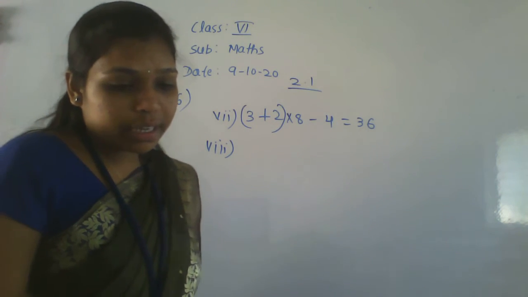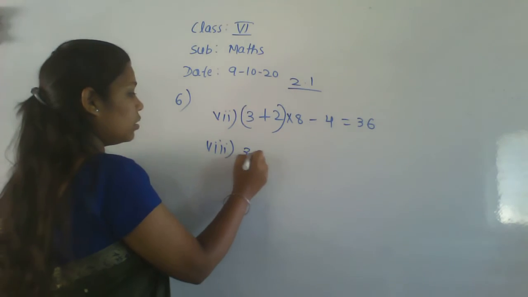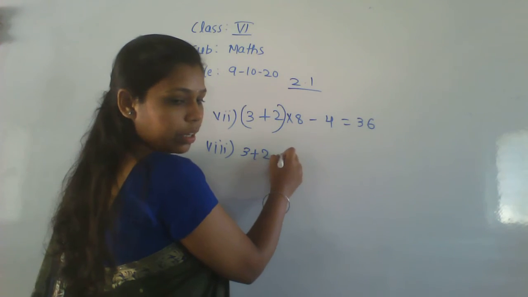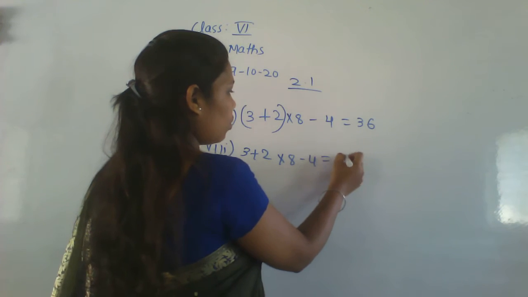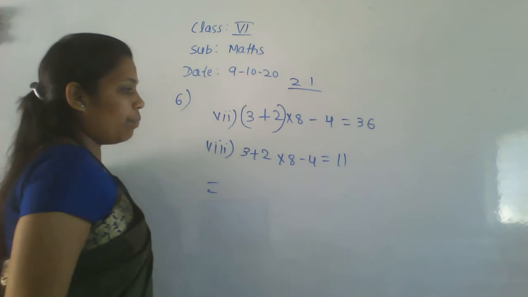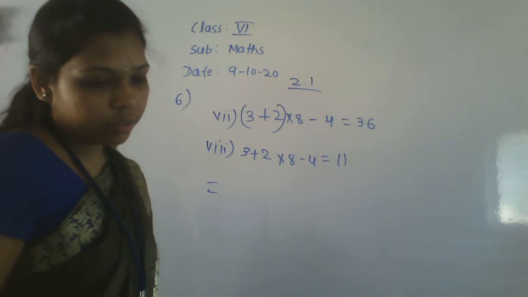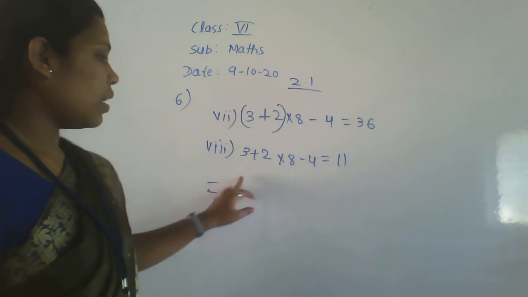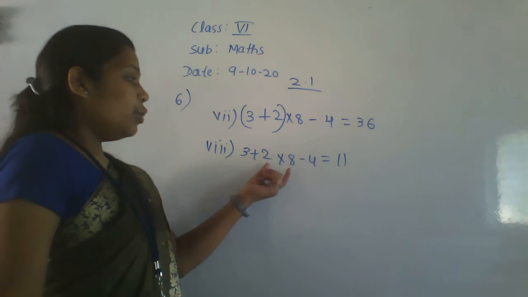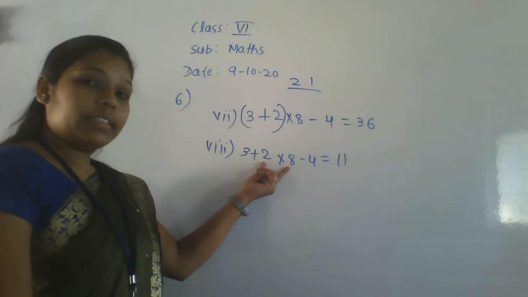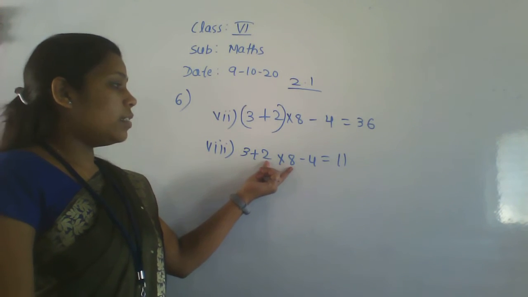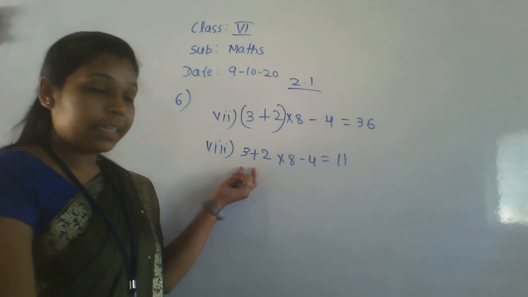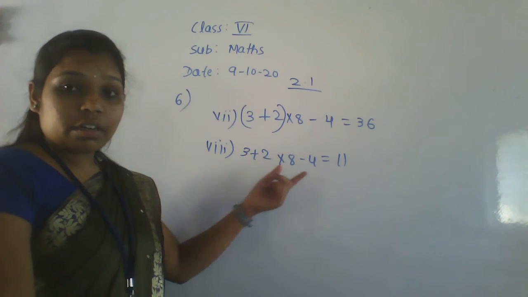Okay, so the next, 8th one, is 3 plus 2 into 8 minus 4 is equal to 11. Here 11 is there, here 36 was there, same values. Now 2 into 8 is 16. 16 plus 3, 19. 19 minus 4, 15 we got.